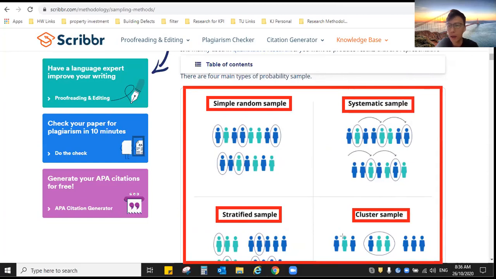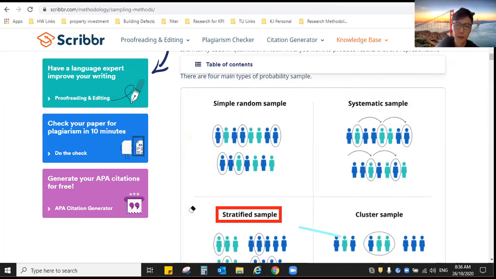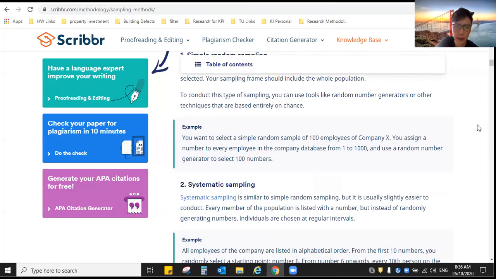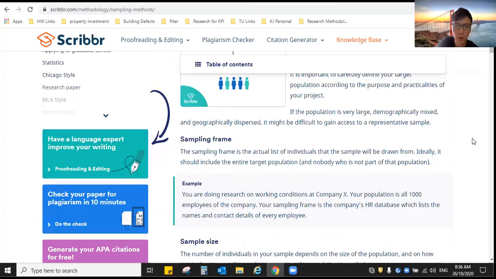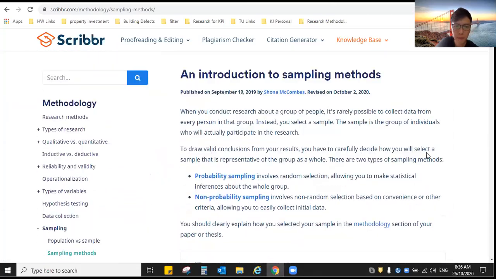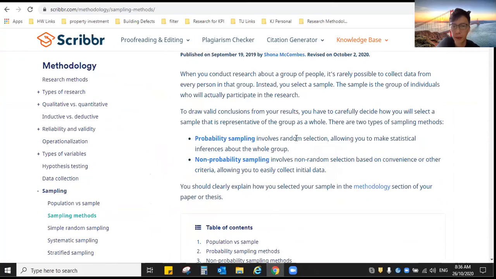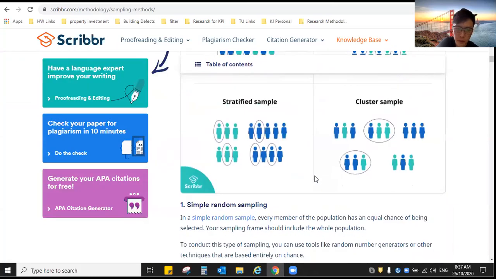They are probability samples. Remember what is probability and what is non-probability. Probability is random. Non-probability is not random.